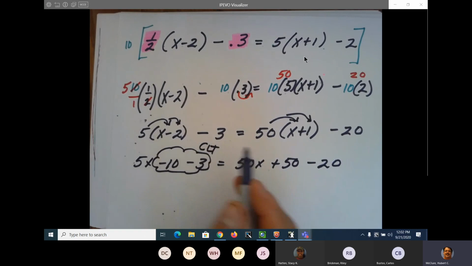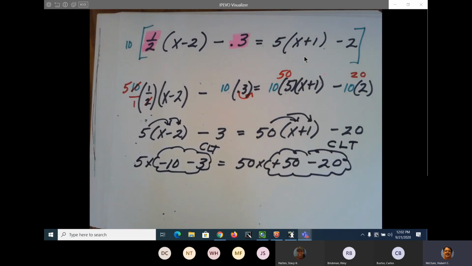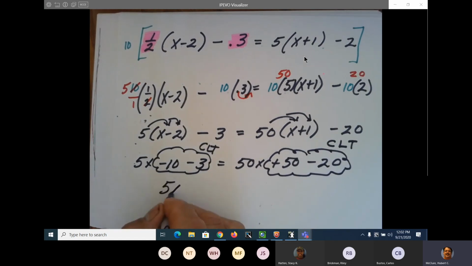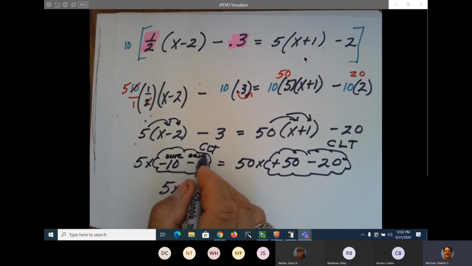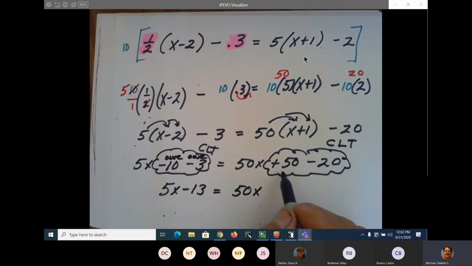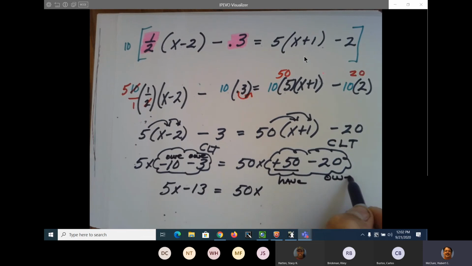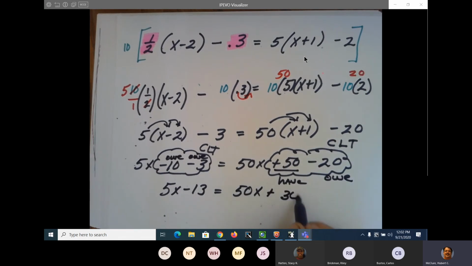Combine like terms. 5x, you owe $10, you owe $3, you owe $13. You have 50, you owe 20, you have 30.